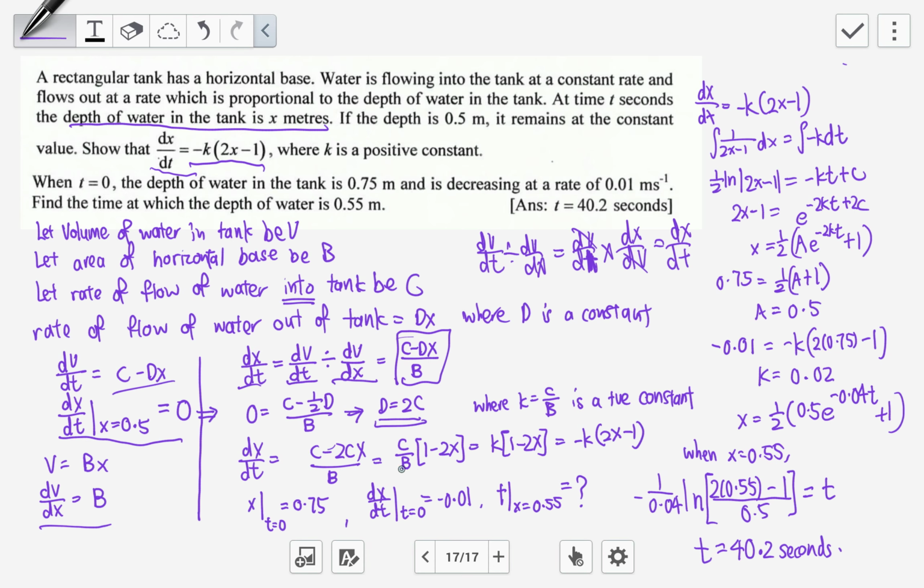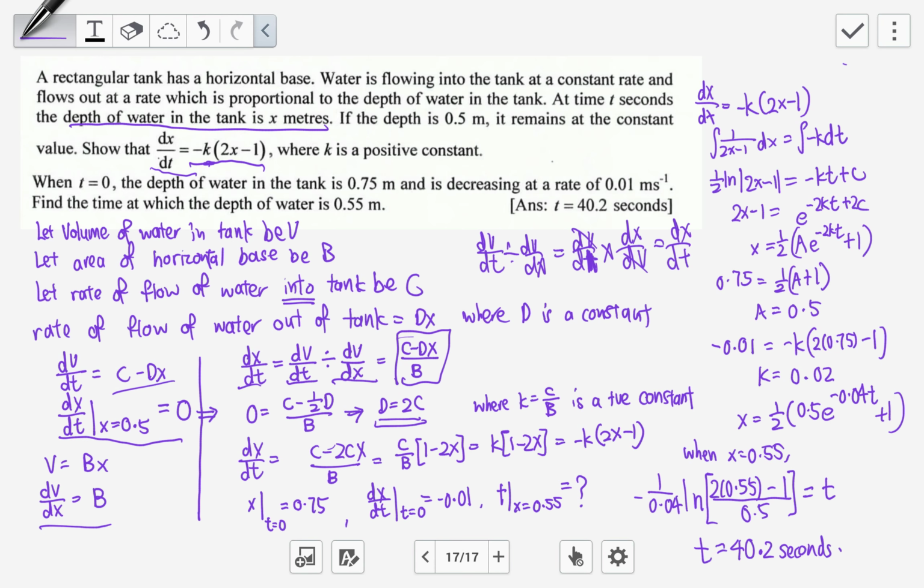Then we have C over B multiplied by (1 minus 2x). We have C over B as a constant, so we let it be k, and we have 1 minus 2x inside.